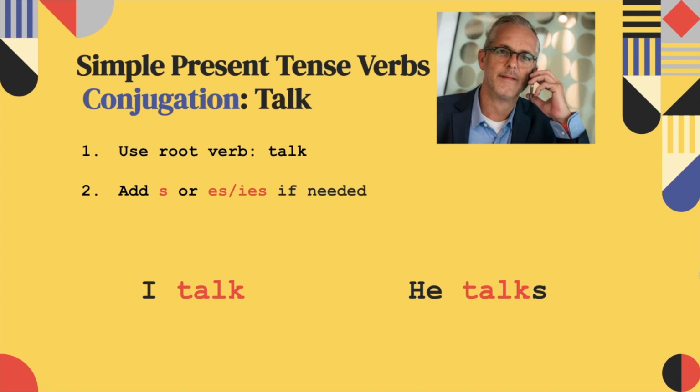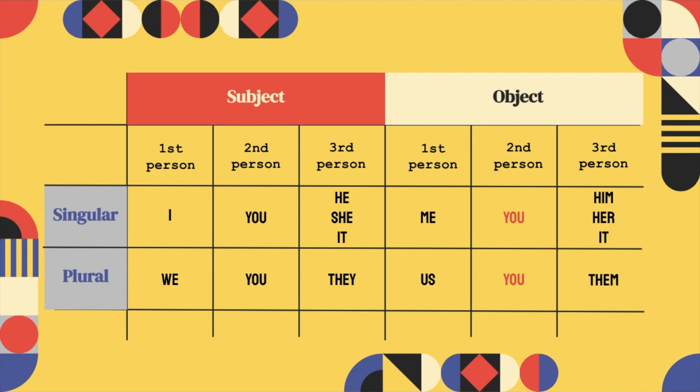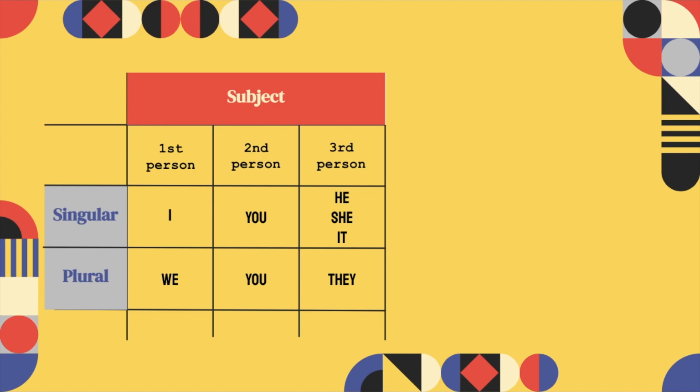Let's look at the rules for conjugation. So when conjugating a verb, we only focus on subjective pronouns and not objective pronouns. And the only subjective pronouns that need an S, ES, or IES are third-person singular subjective pronouns.